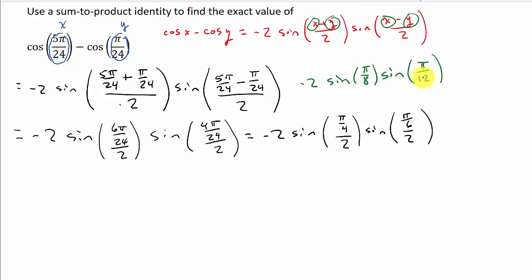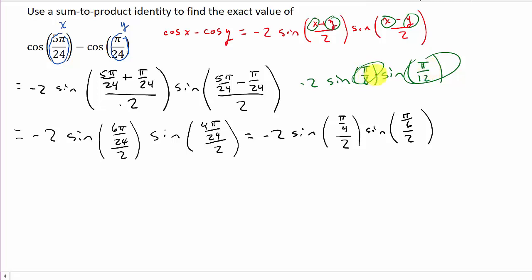Notice pi over 4 and pi over 6 are among the ones you should memorize, because they're 45 and 30 degrees. But we don't know the values for pi over 8 and pi over 12. So what do you think we might need to use here?